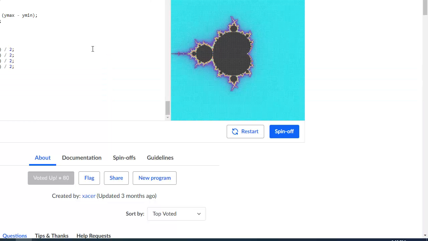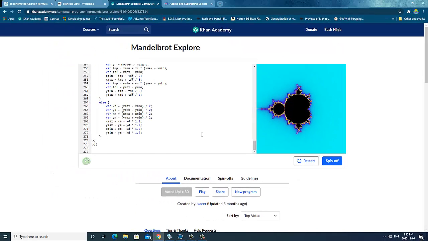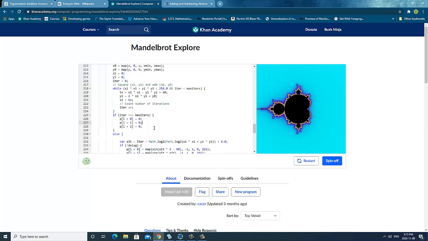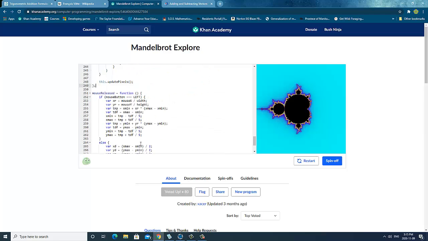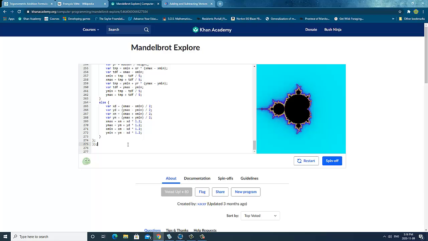So this here is Khan Academy, and they have a wonderful JavaScript tutorial, programming guide, whatever. And on here we can just do JavaScript, but it's not regular JavaScript because they had to make this platform work.